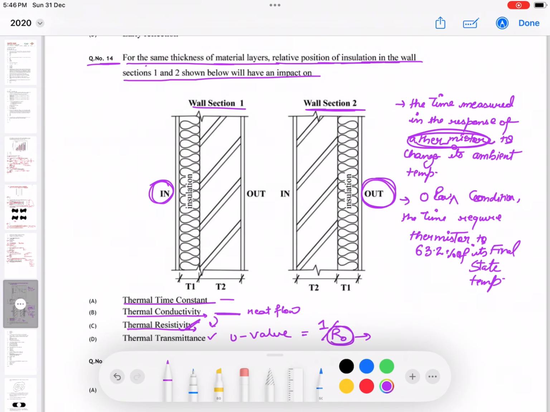So here you know what is thermal constant, and the answer for this one is A. It will have an impact on this. Other than this, it will not have any impact if the material is changed or the insulation is transferred from outside to inside.